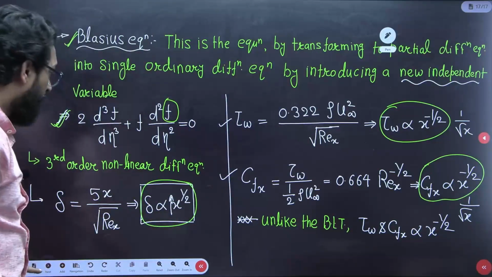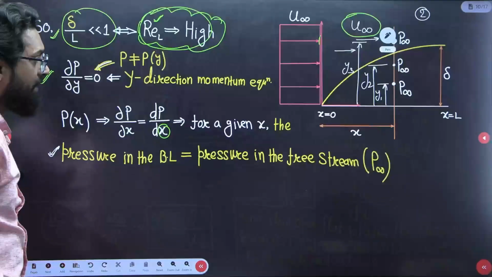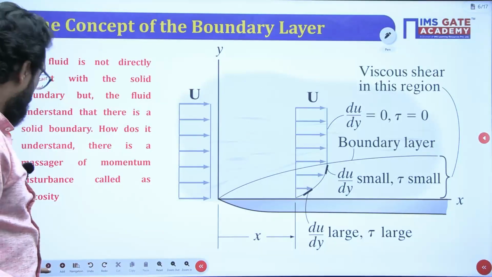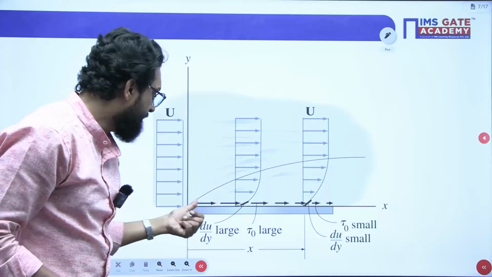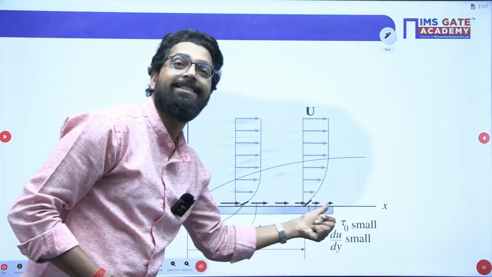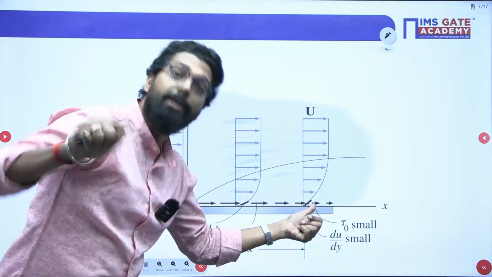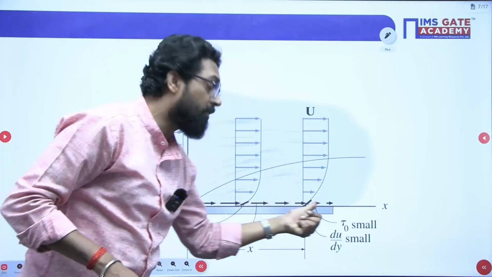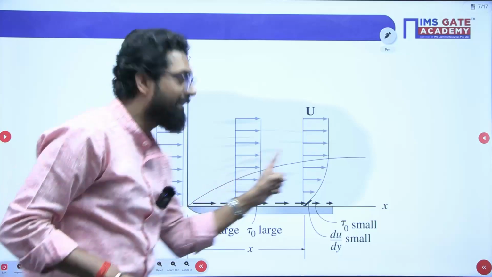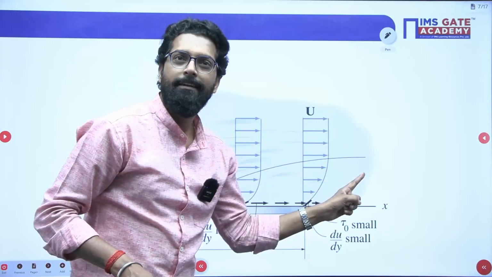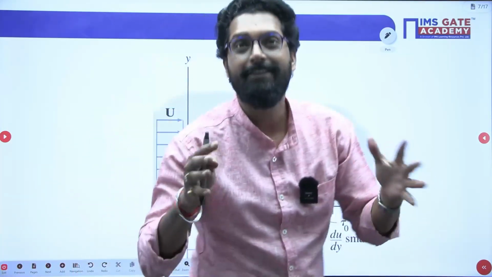That's why in the first slide we already discussed that the wall shear stress decreases as x increases. Similarly, the local skin friction coefficient also decreases. But if x increases, the boundary layer thickness will increase. So I hope you understand this concept.